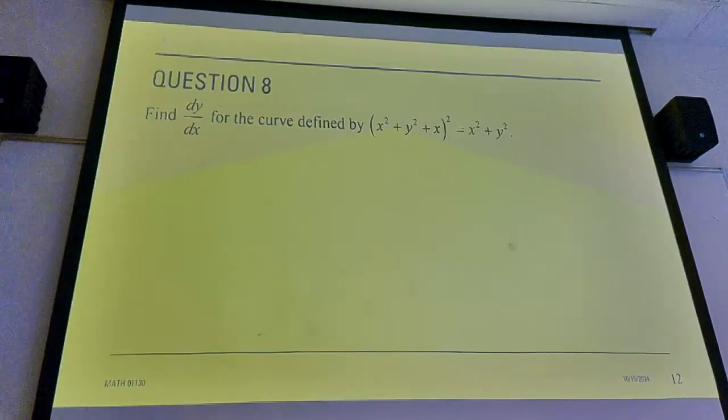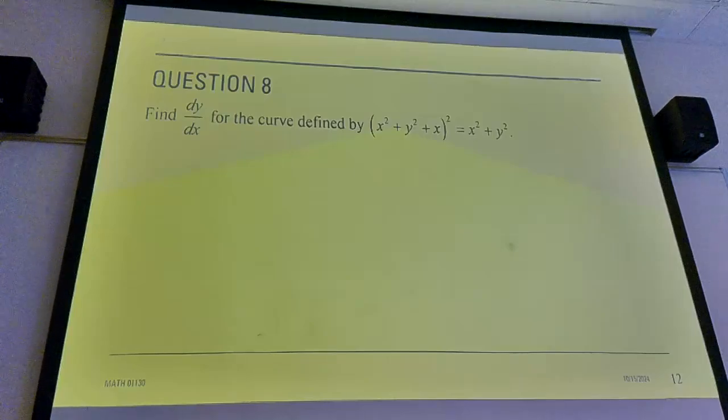dy dx, left-hand side. Alright, so all these first part parentheses.